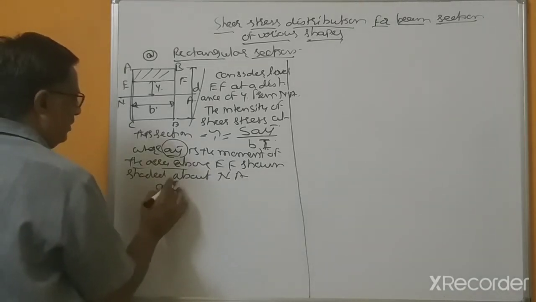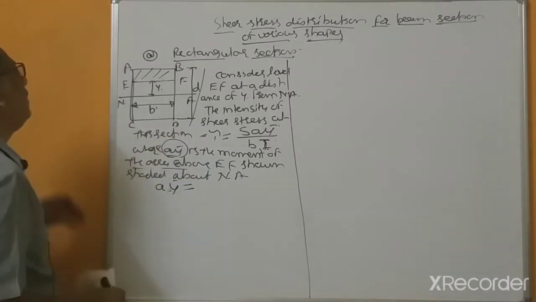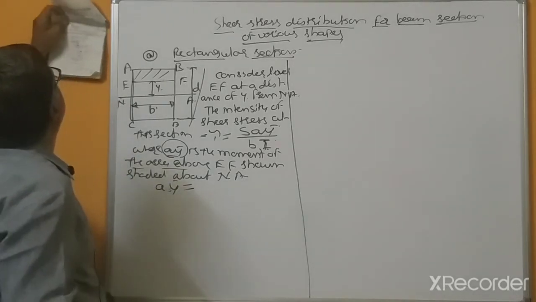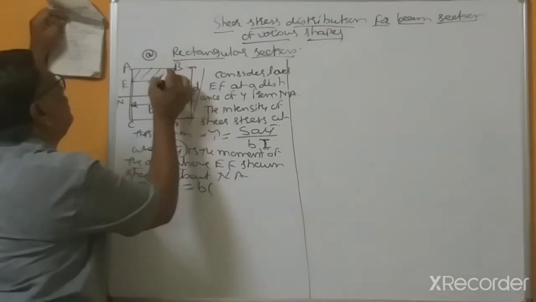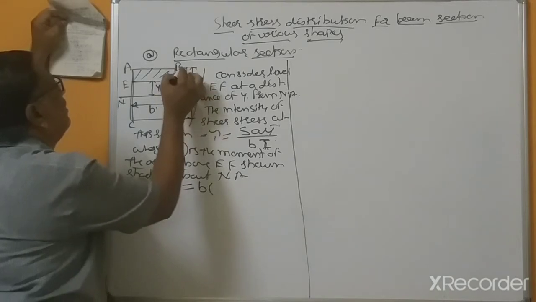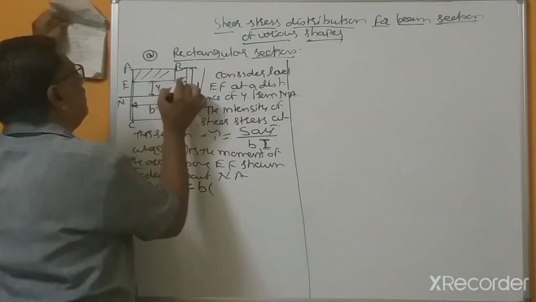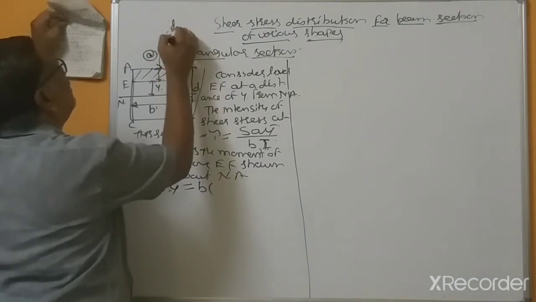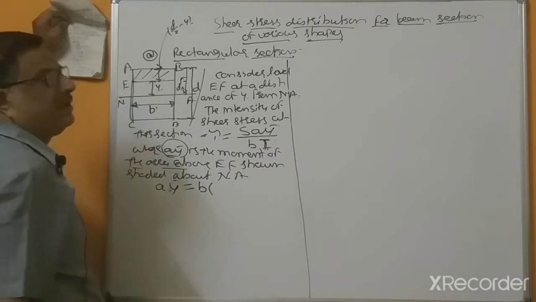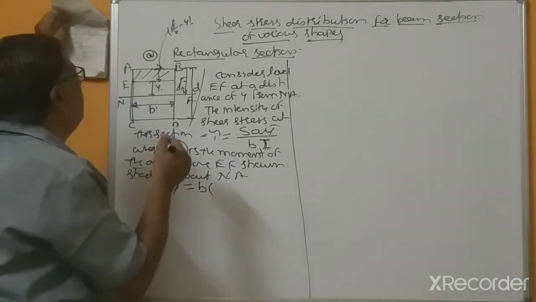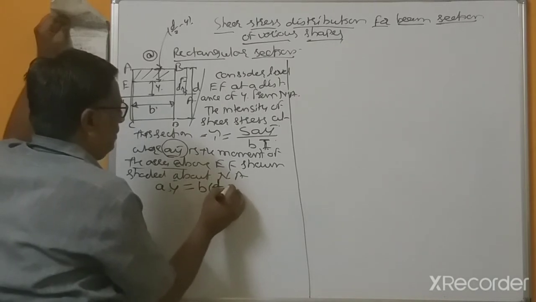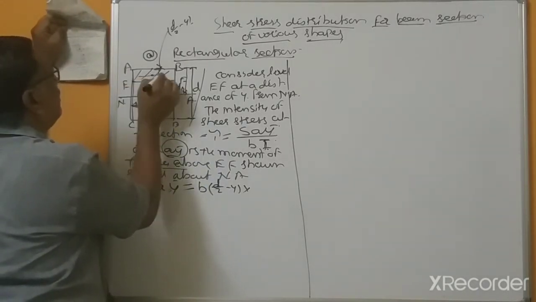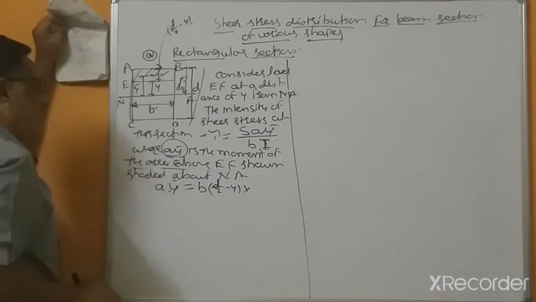So A Y bar equal to, area equal to B into D by 2 minus Y, multiplied by Y bar.